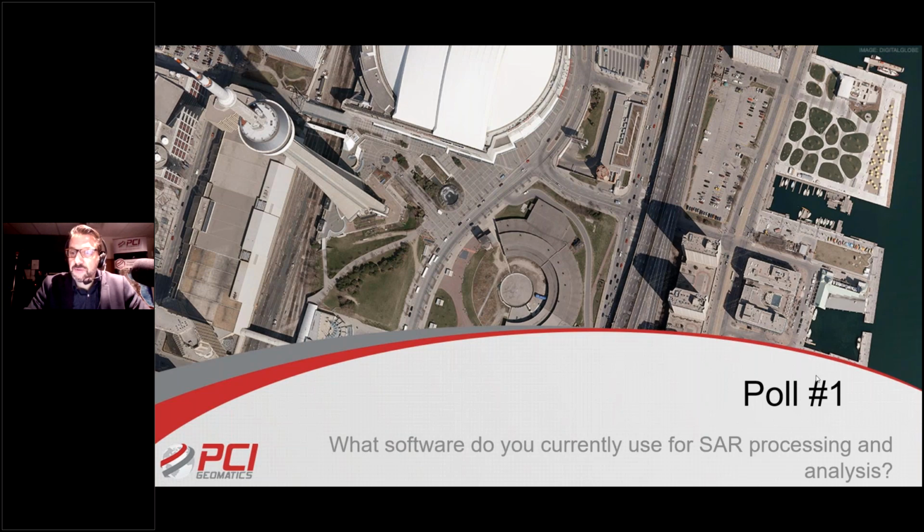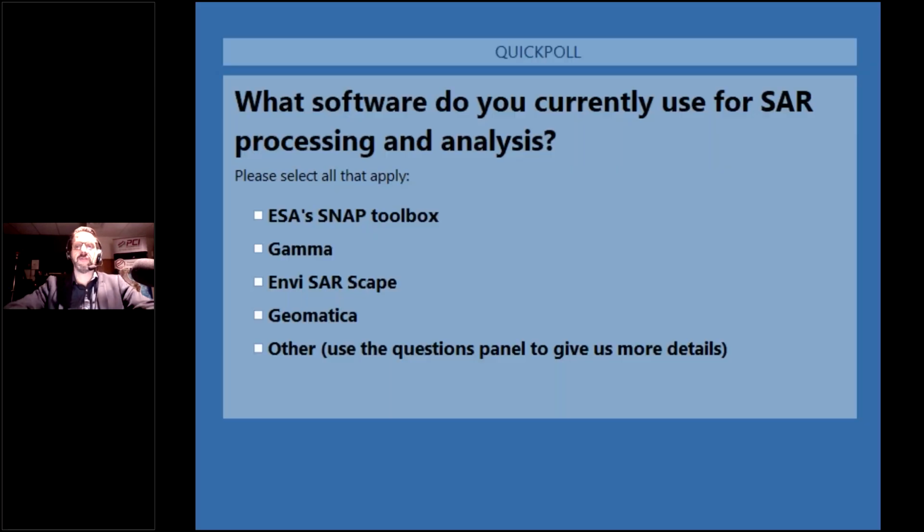We'd like to engage with our audience and find out what you're interested in and what you're doing. So our first poll relates to what software you're currently using. We're curious to see if you're using the Sentinel Snap Toolbox, perhaps you're using Gamma, maybe you're using SARscape, Geomatica, or other.